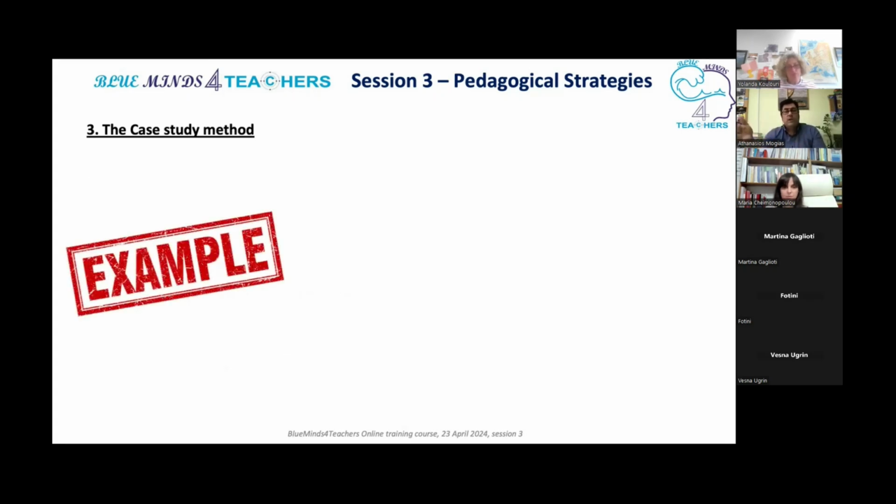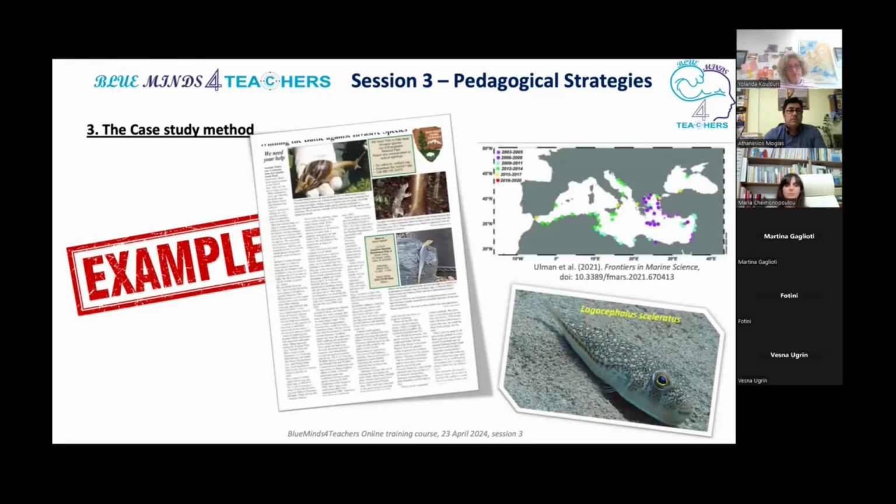So we should look at these solutions more. Now, let's see a very quick example related to the case study method. We could use, for example, a newspaper. I picked here a newspaper article about alien species and their invasion in the Mediterranean Sea.